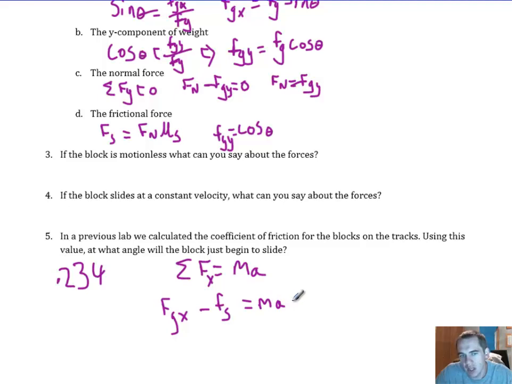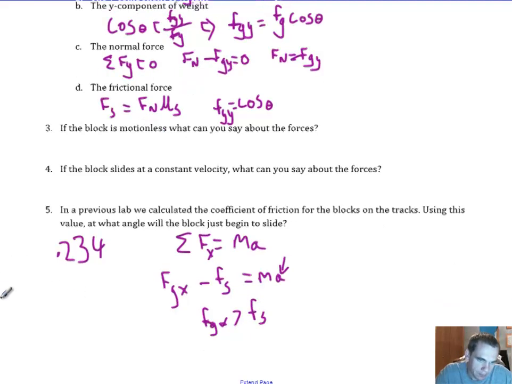So essentially what we're saying is, if a is not going to be 0, if this is actually going to be a little bit more than 0, then Fgx has to be greater than Fs, right? That way we get a force instead of 0 force.